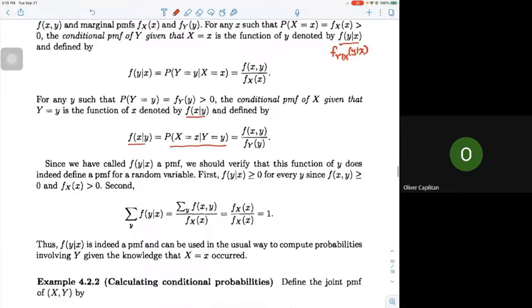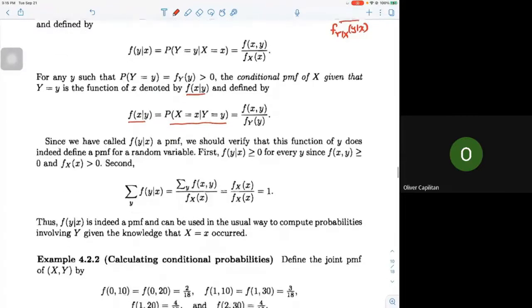Okay, since we have called this small f of y given x a probability mass function, then we're going to verify that indeed this function is a probability mass function. So first we're going to check if the function f of y given x is non-negative for every y.